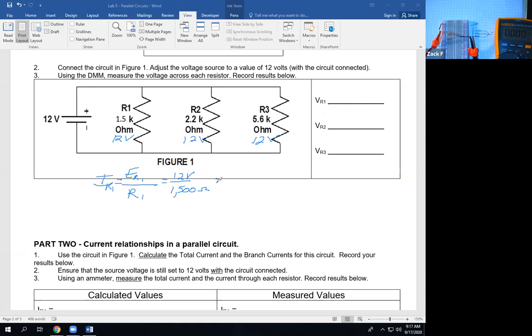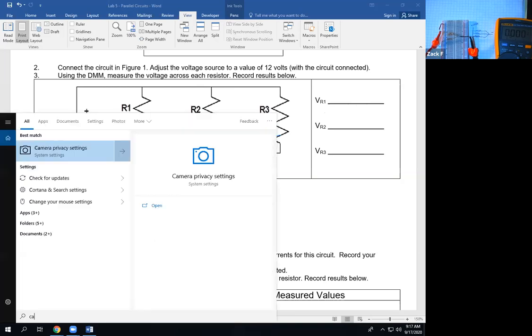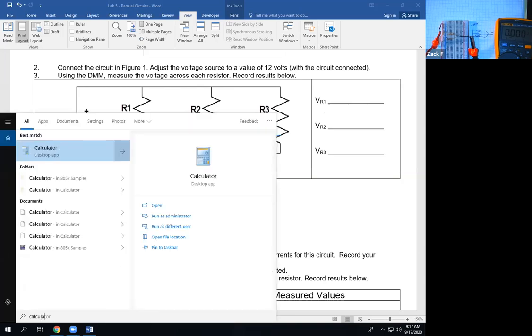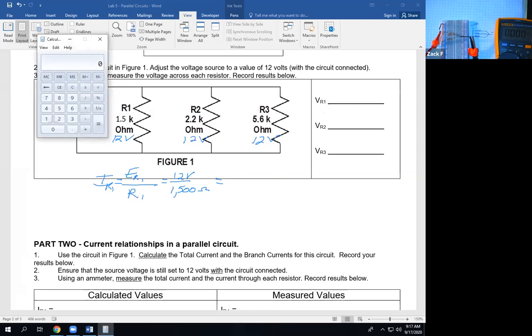All right. So what's this one going to be? 12 divided by 1,500. 8 milliamps, so 0.008 amps.